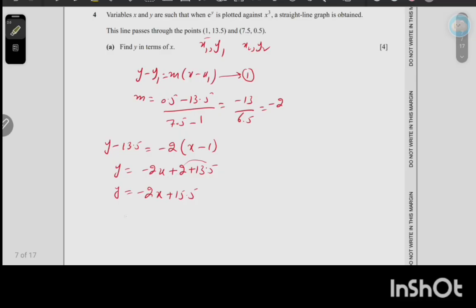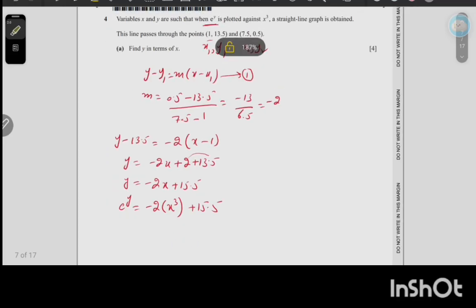Okay, now y is replaced by e power y, because he said that x and y variables are such that e power y is plotted against x cube, a straight line graph. So here we apply e power y, and x replaced by x cube: e power y equals minus 2x cube plus 15.5.